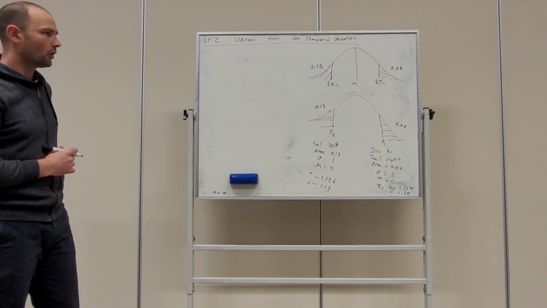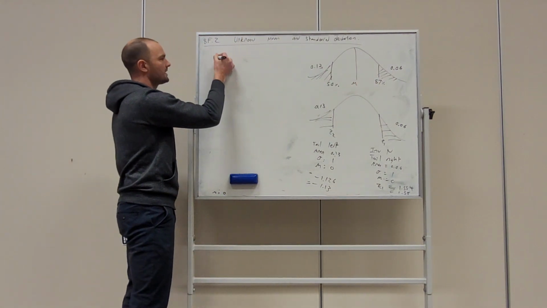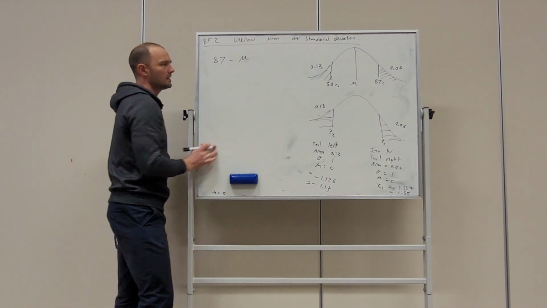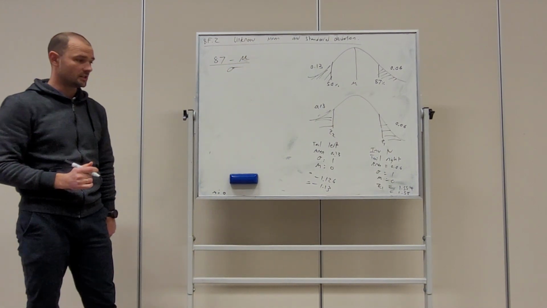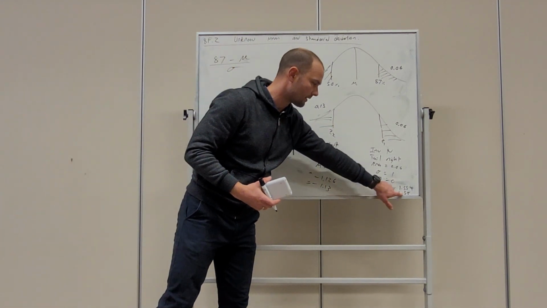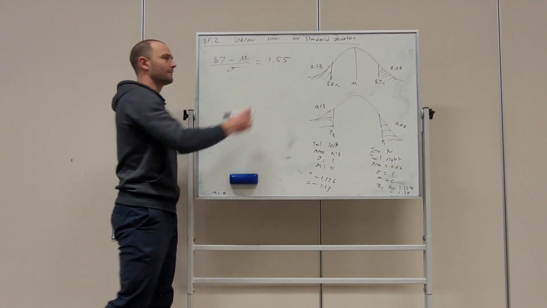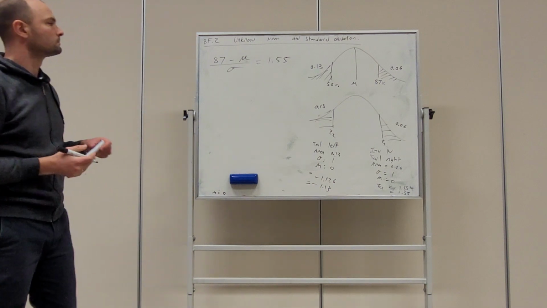So we've got her result, 87%, take away the mean, we don't know what the mean is, divided by the standard deviation. We don't know what the standard deviation is, but we know that the z-score of her result is 1.55. Her result is 1.55 standard deviations above the mean.